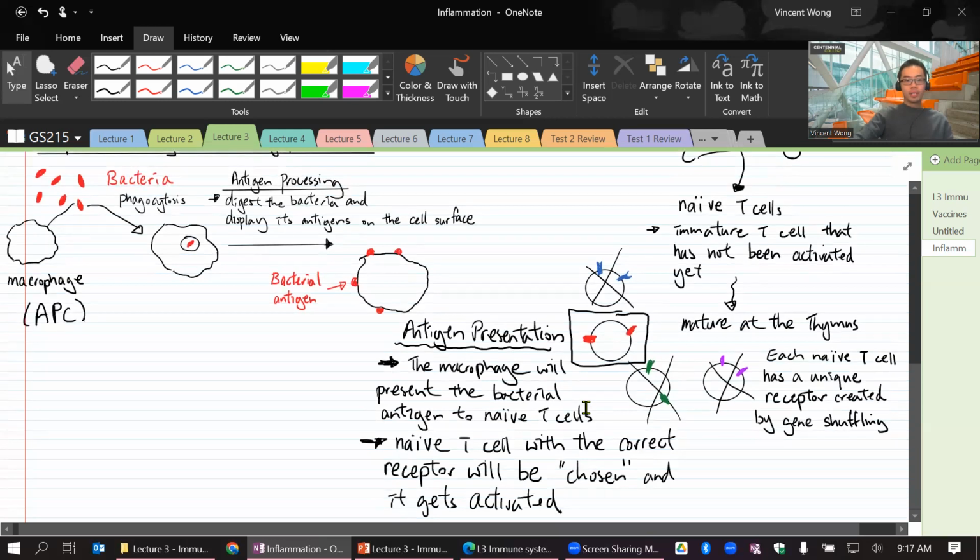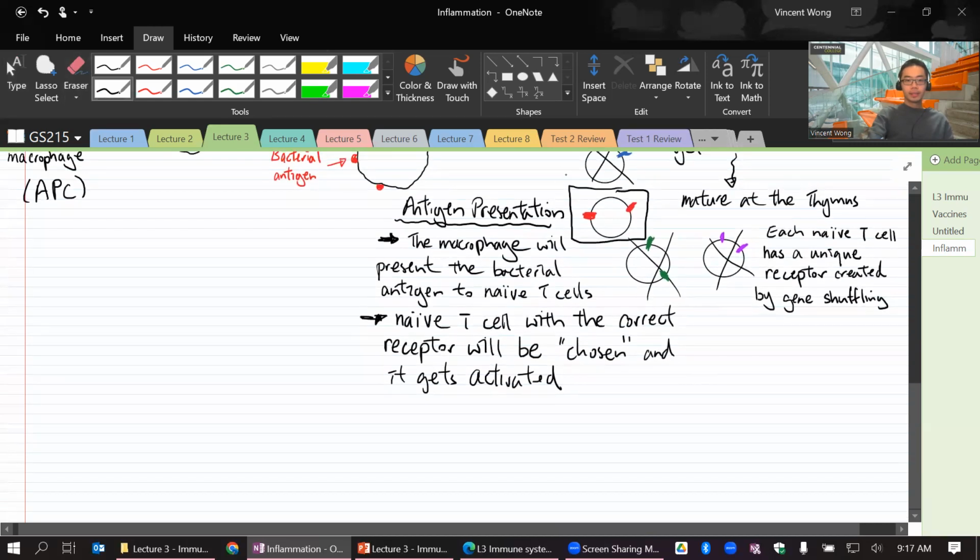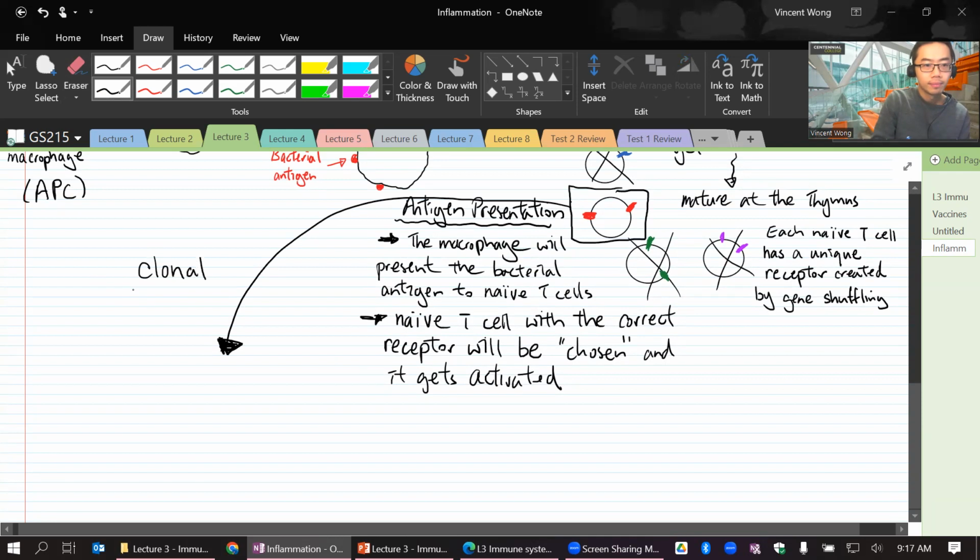Let's take a look at what happens when you get chosen. Okay, so this thing is going to get chosen. Just going to go over here. Once chosen, they will undergo clonal expansion. This is basically mitosis to make many copies.